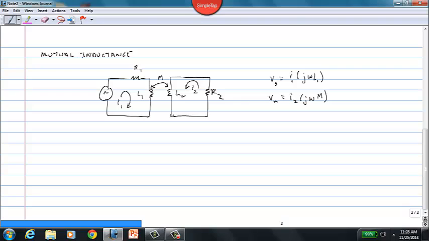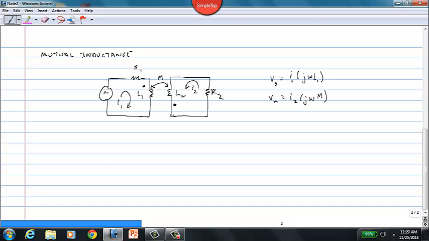We're not going to get into actual construction of the coils here, but what we are going to do is introduce what is called the dot convention. In this circuit, I'm going to put a dot here and a dot here. The dots in a mutually coupled circuit are used to keep track of polarities via the dot convention.